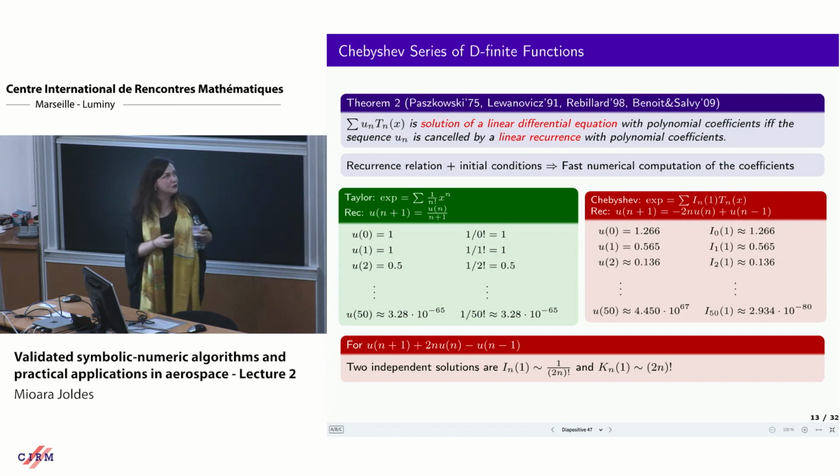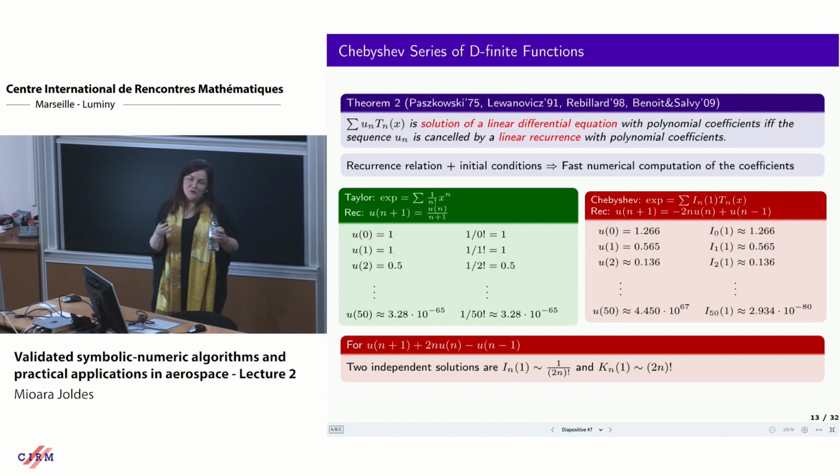So what you want to compute here is I_n(1), but in fact what you compute is K_n(1), basically multiplied by a constant.